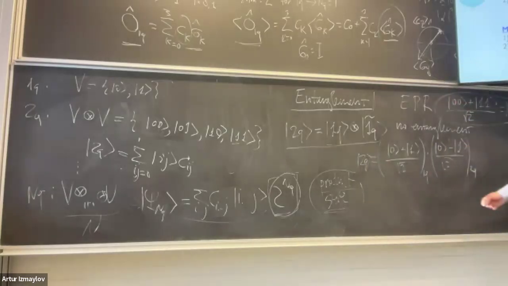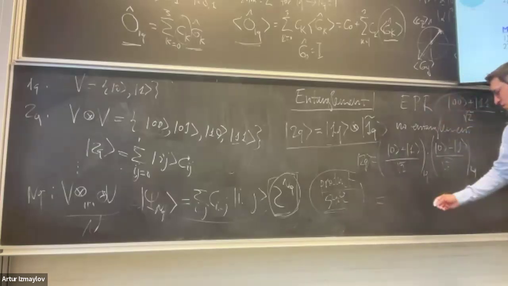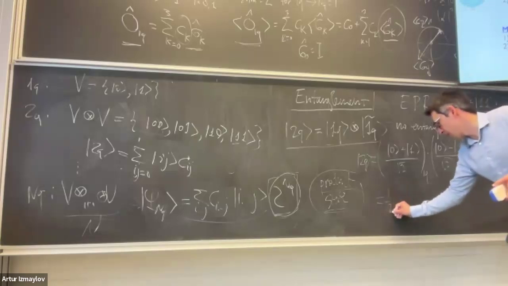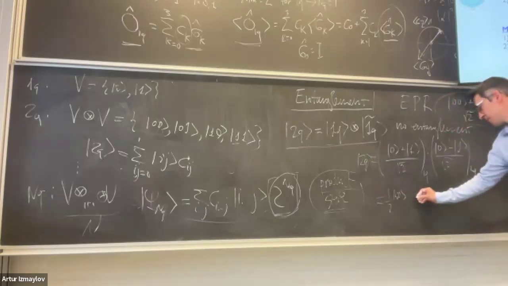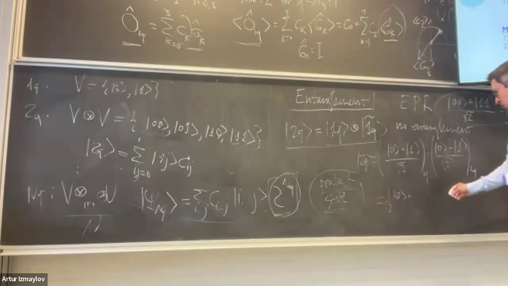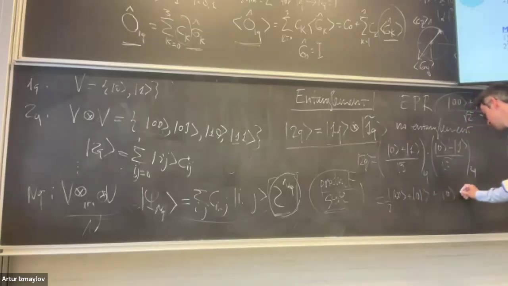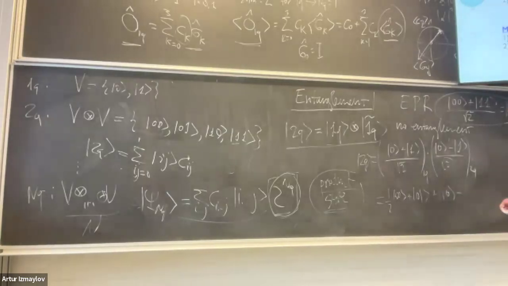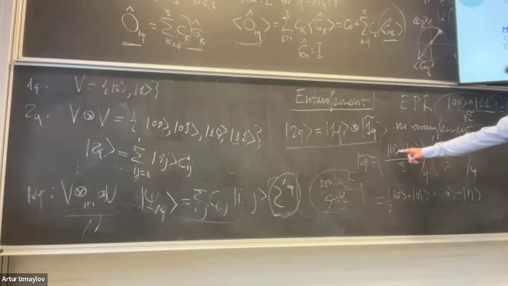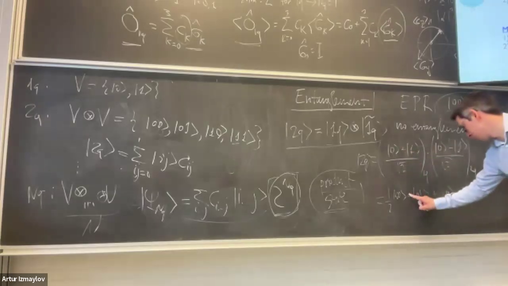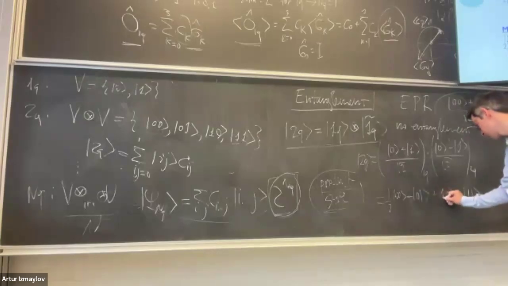If you open the brackets and write it as a sum of states, there will be coefficients of 1/2 for 00, then 01 plus 10. There will be 2 minuses and 2 pluses: minus 11, minus 01, plus 10, and everything with the 1/2.